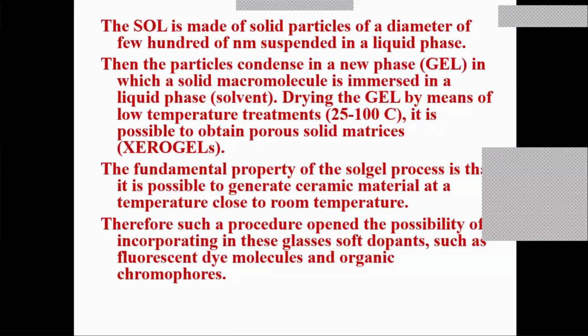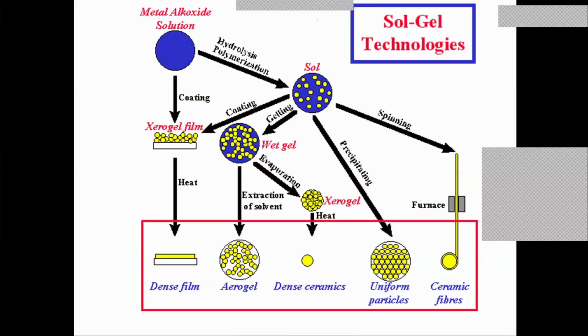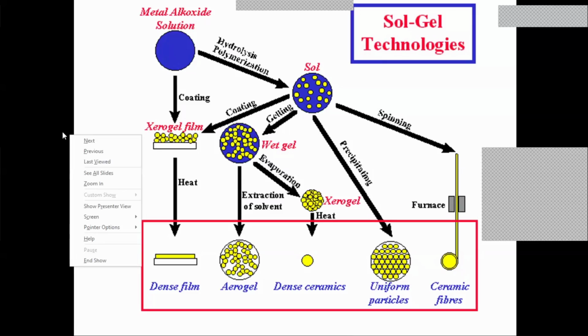Instead of that, I am directly going to the figure. Now, if you see the figure, you just need to explain the figure in this technique. Okay, nothing else to do. So I'll be starting with this thing, metal alkoxide.